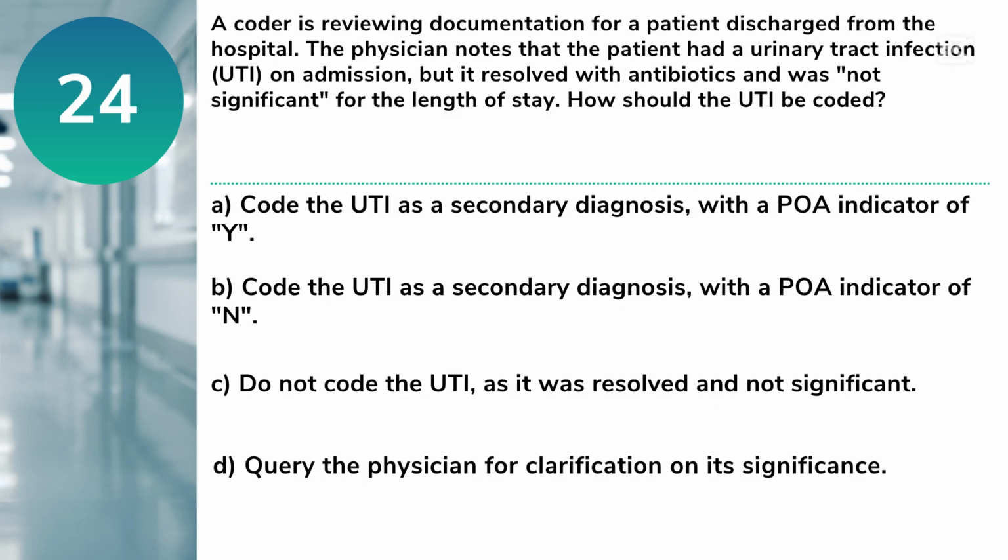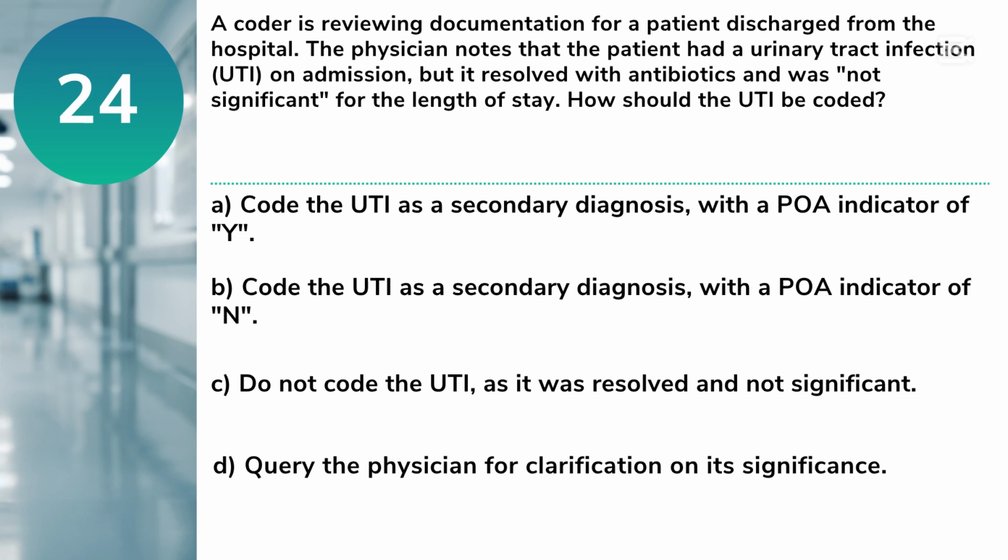Question 24. A coder is reviewing documentation for a patient discharged from the hospital. The physician notes that the patient had a urinary tract infection, UTI, on admission, but it resolved with antibiotics and was not significant for the length of stay. How should the UTI be coded?